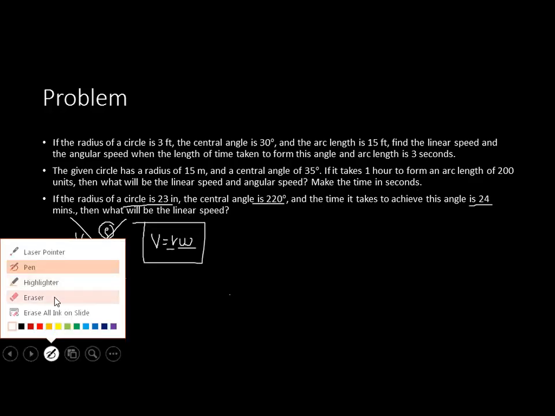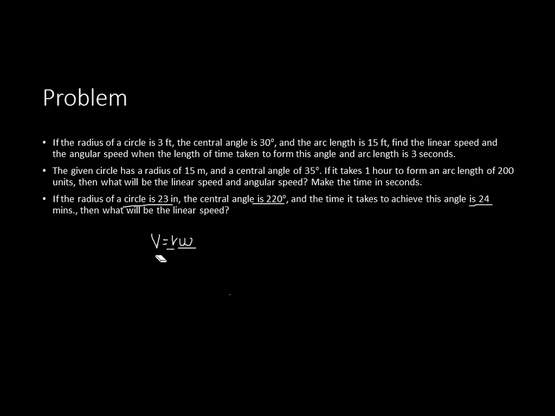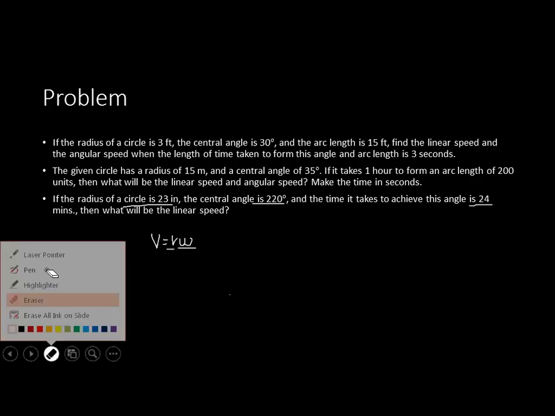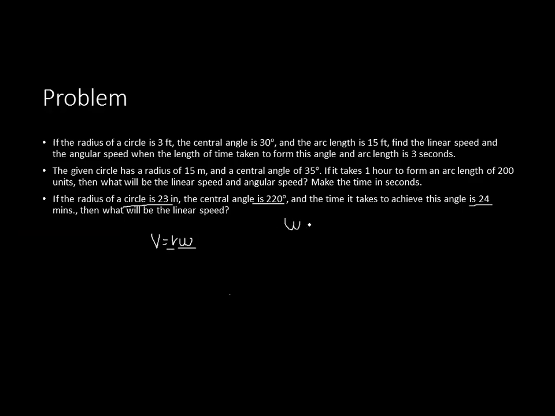Here's the question: how would you use that? What is W? W is the angular speed, right? And it is theta over T. So I can find my angular speed here.